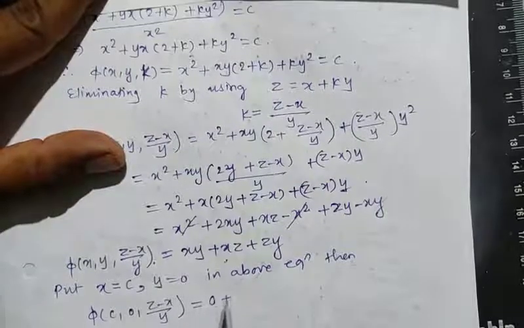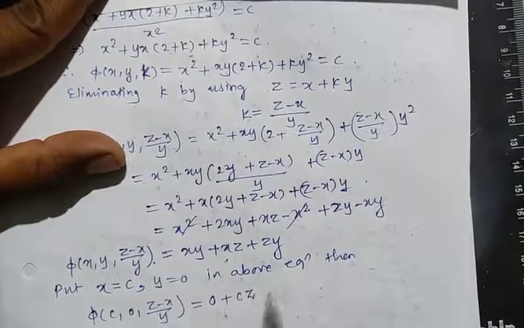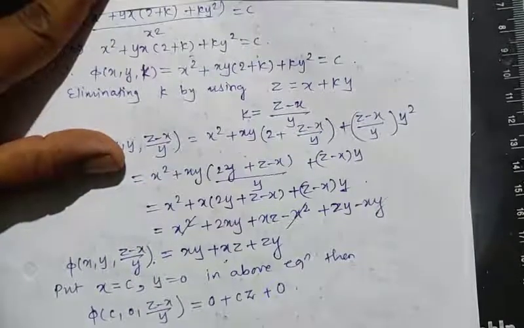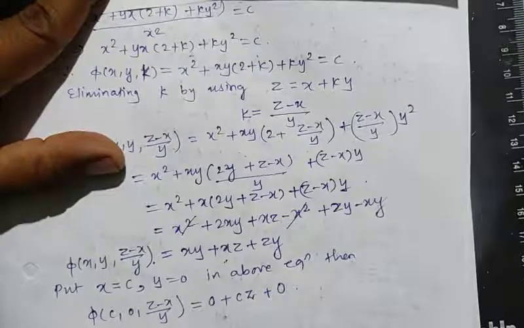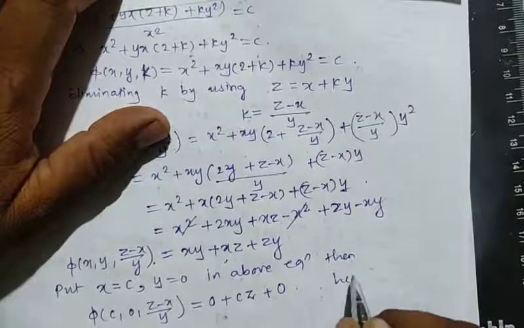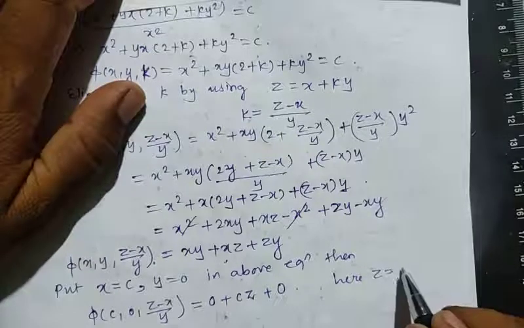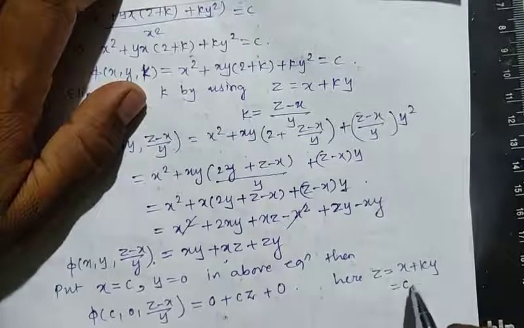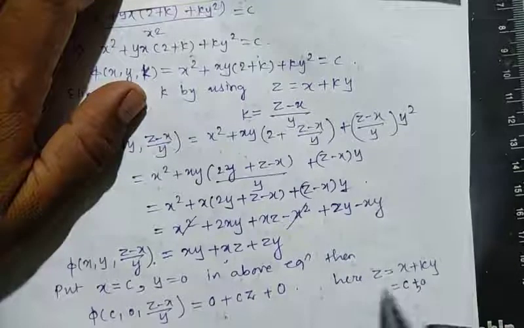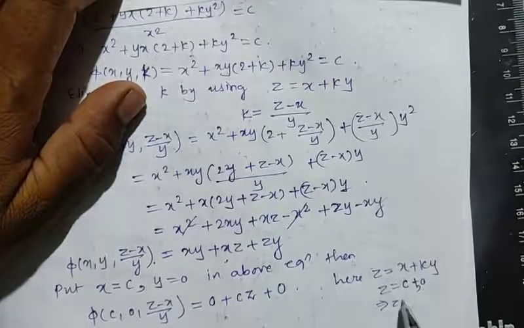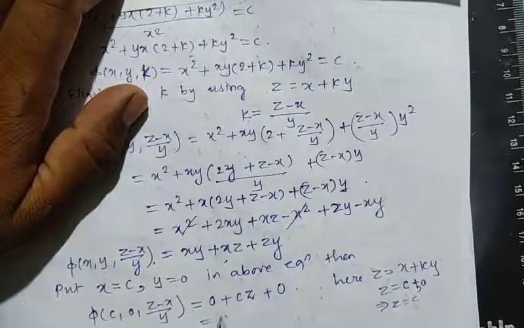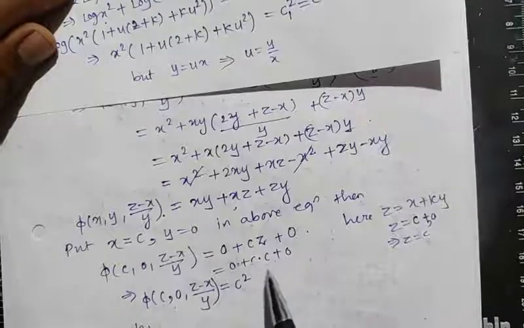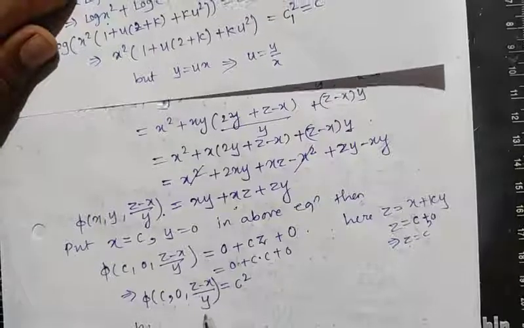We have the value z is x plus k y. Substituting x is equal to c and y is equal to 0, we get z equal to c plus 0, which implies z is equal to c. So substituting z equal to c in this equation, we get phi of c, 0, z minus x upon y is equal to c square.